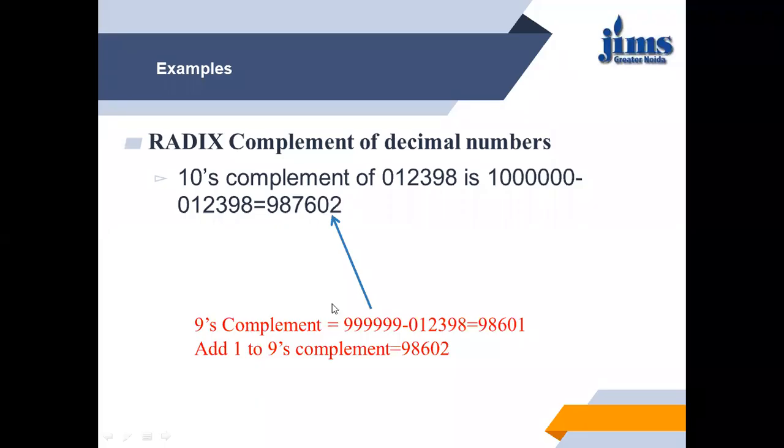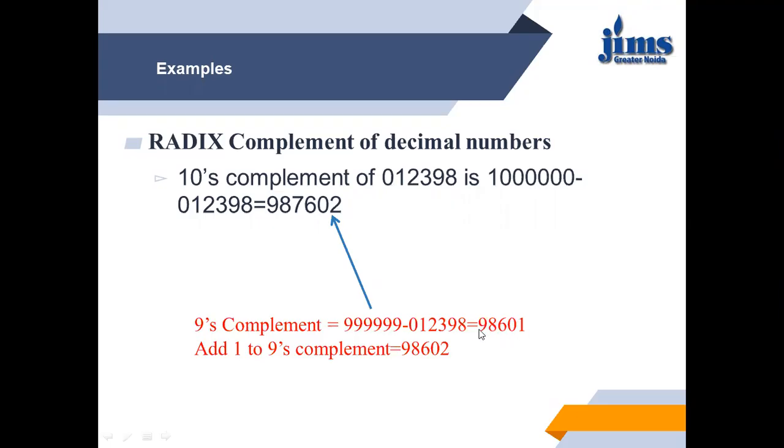So the nine's complement of this number, how do we obtain it, we obtain it by subtracting each digit from 9. So here 9 minus 8 is 1, 9 minus 9 is 0, 9 minus 3 is 6, 9 minus 2 is 7, 9 minus 1 is 8, and 9 minus 0 is 9.